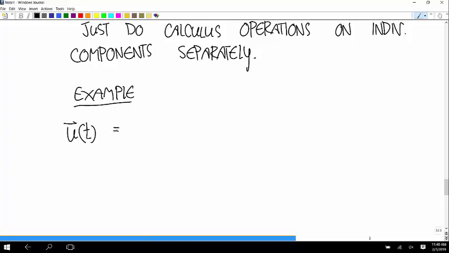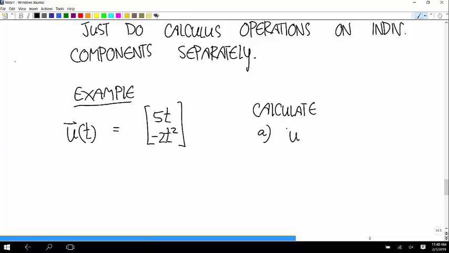And this function is equal to 5t for the x component, negative 2t squared for the y component. And we want to know, so calculate u dot as a function of time. And we want to calculate the integral of u dt.